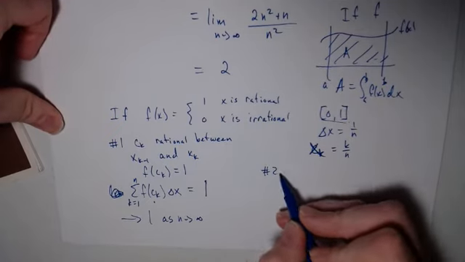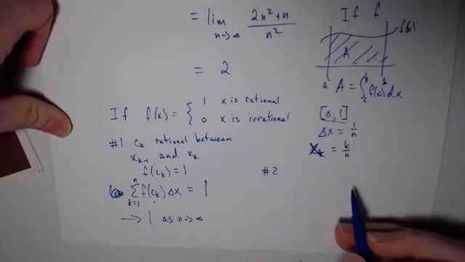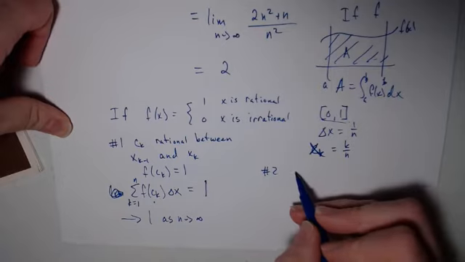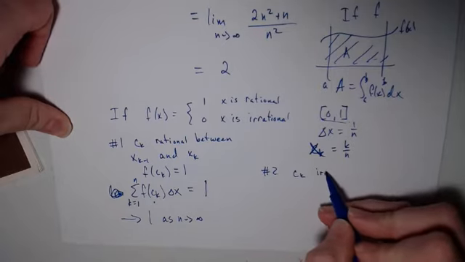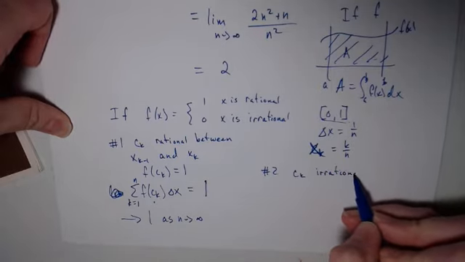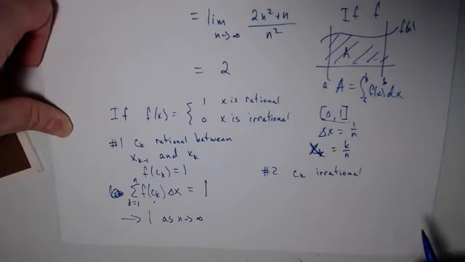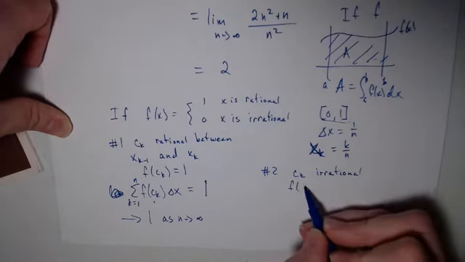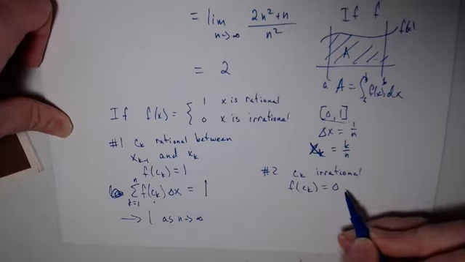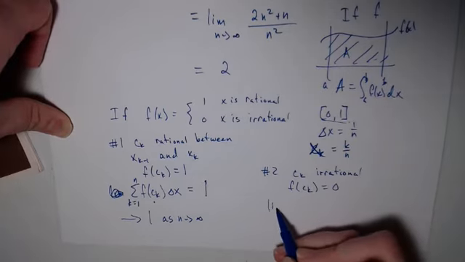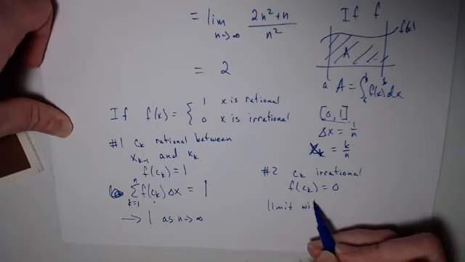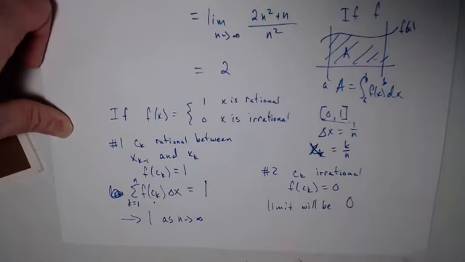But then the second way, we can underestimate our area by picking ck to be irrational. There's always an irrational between xk minus 1 and xk, so in this case f of ck will be 0, and so our limit will be 0.